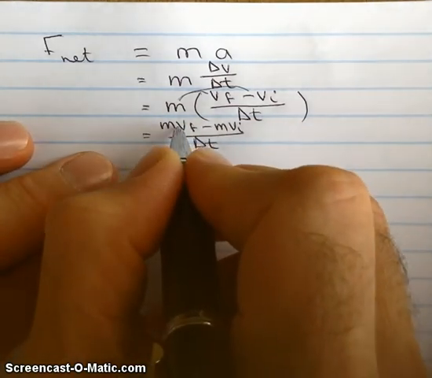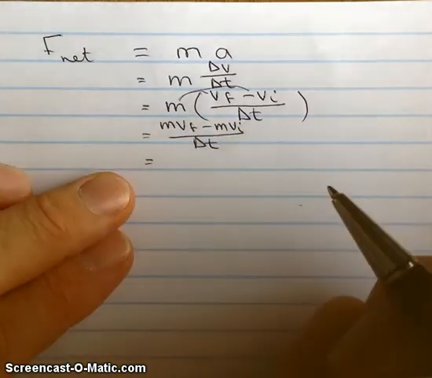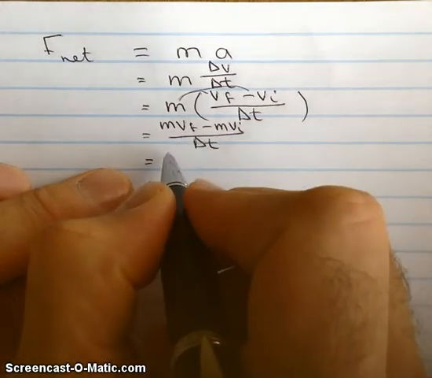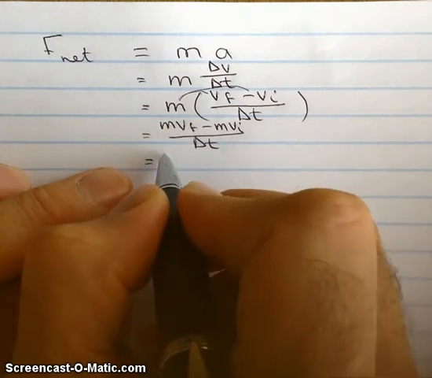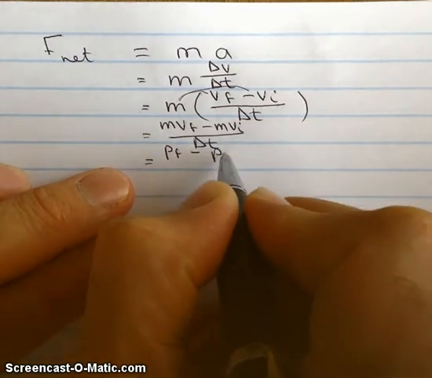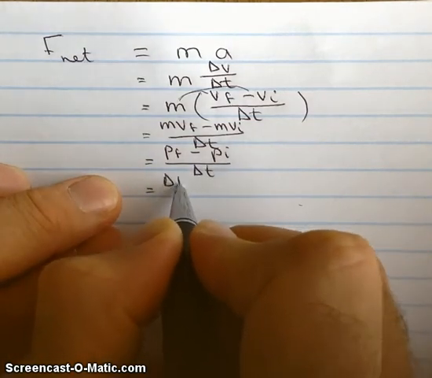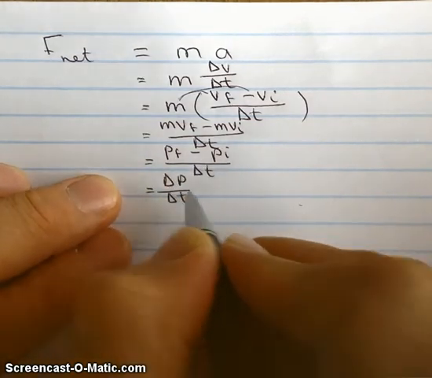But mass times velocity of a moving object by definition is the momentum of that object. So mass times final velocity will be the final momentum minus the initial momentum over delta t, and that brings me to delta p over delta t.